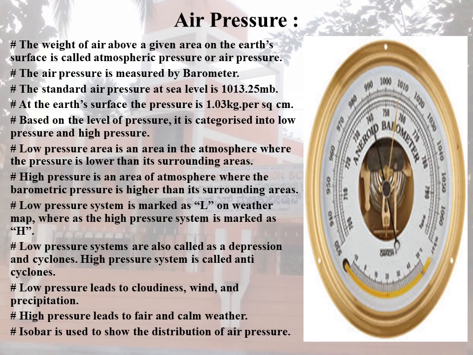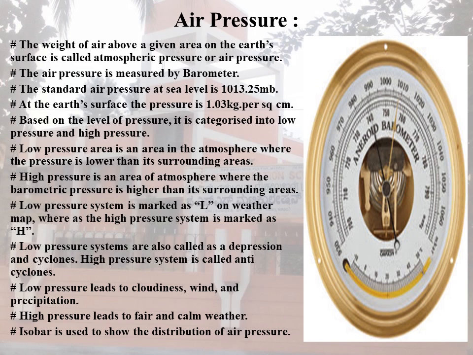The lowest pressure of 870 MB was recorded during Typhoon Tip near Guam, Mariana Islands in the Pacific Ocean on 12th October 1979.